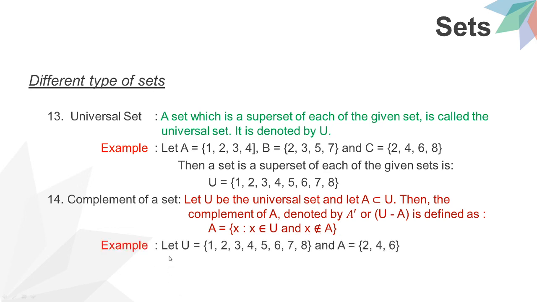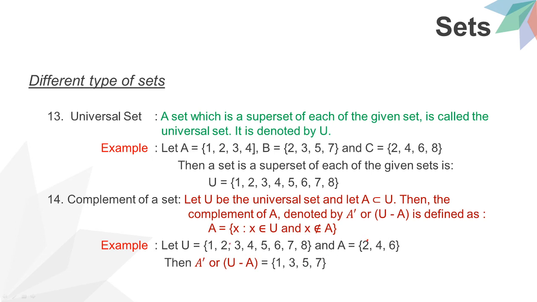Now for example, U equals 1 2 3 4 5 6 7 8 and A equals 2 4 6. What happens? Now the logic is A complement, or it can be written as U minus A. Minus means what?